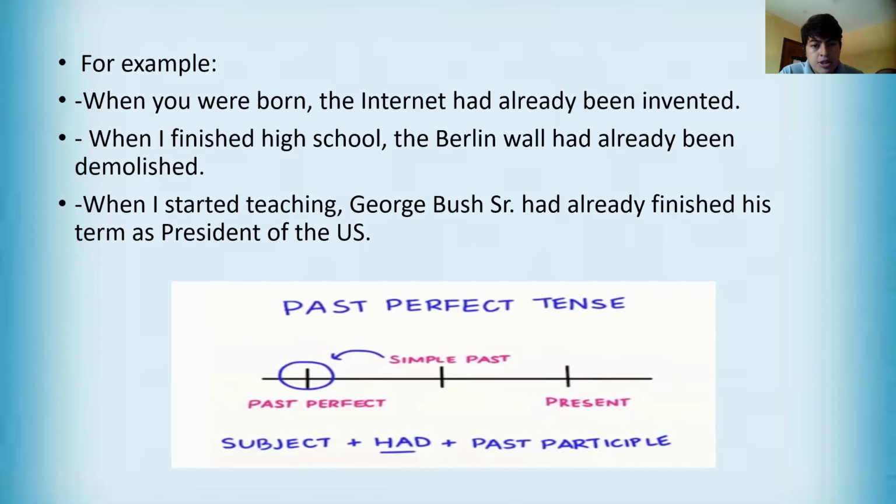When I finished high school, the Berlin Wall had already been demolished. When I started teaching, George Bush had already finished his term as president of the US. Okay, with these examples, I hope it's very clear what the past perfect tense is and how to form it.